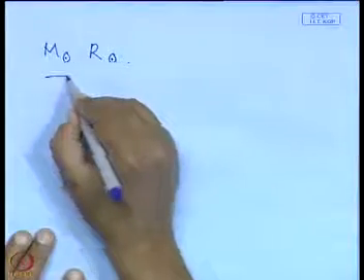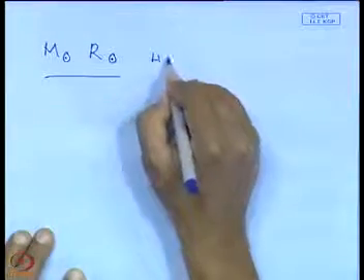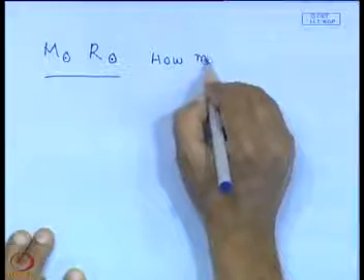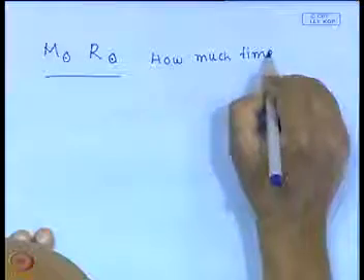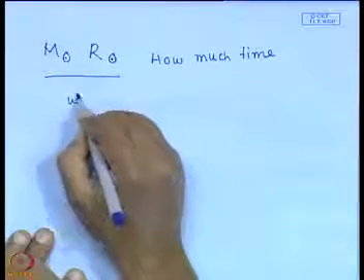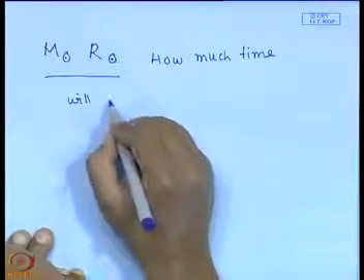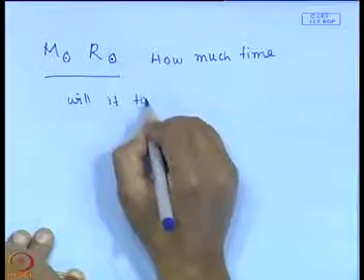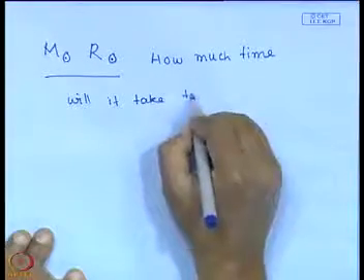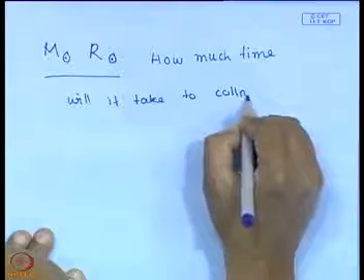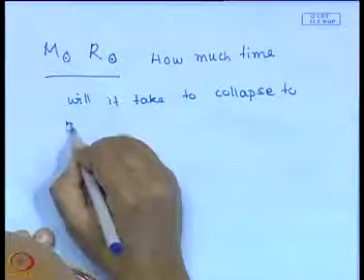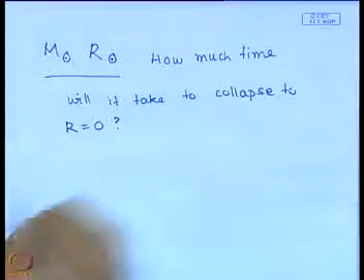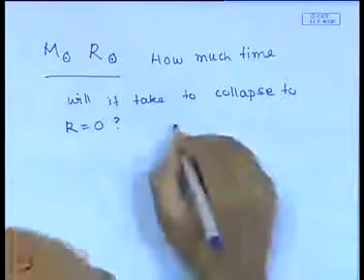How much time, in this model, how much time will it take to collapse to r equal to 0, assuming f equal to 1.